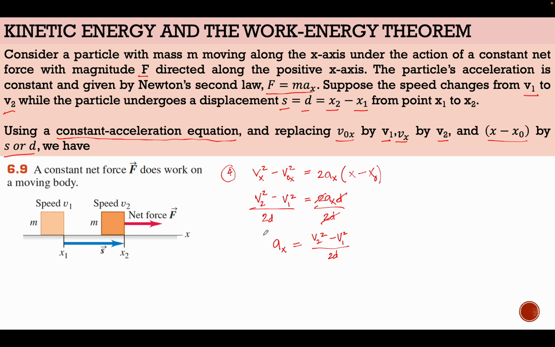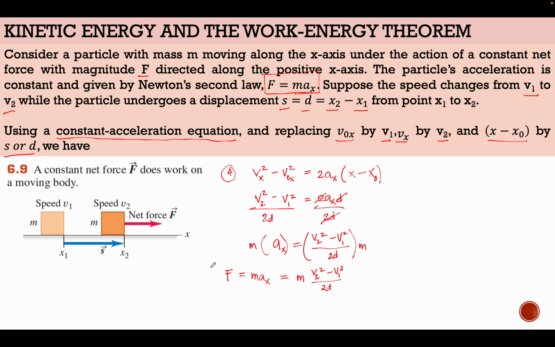Multiplying both sides by m, we have m times a sub x is equal to m times (v2 squared minus v1 squared) divided by 2d. Now take note that m times a sub x is equal to the force, from Newton's second law. Okay.